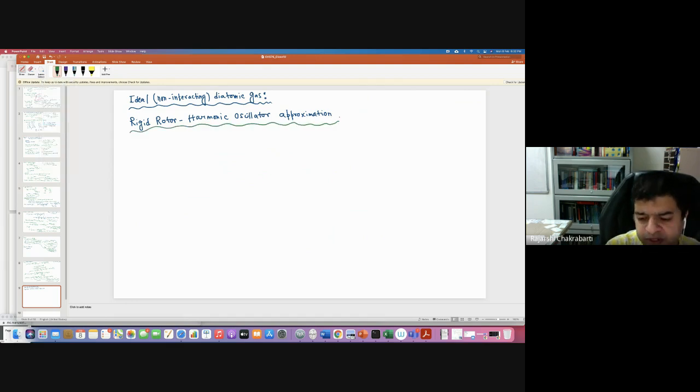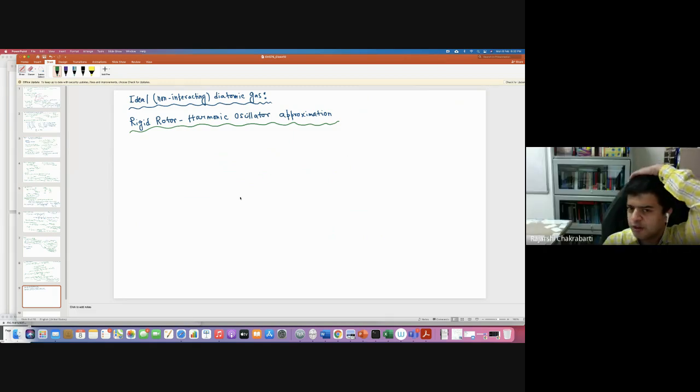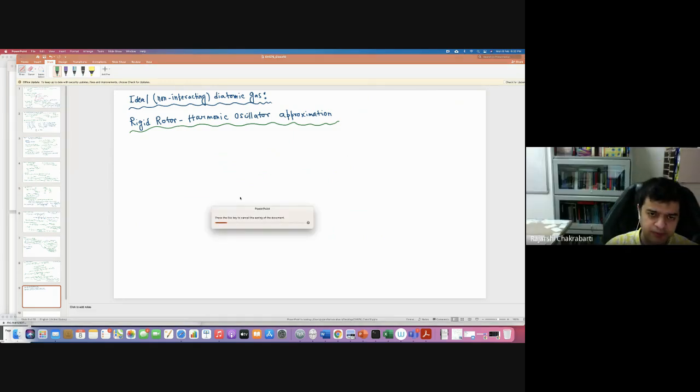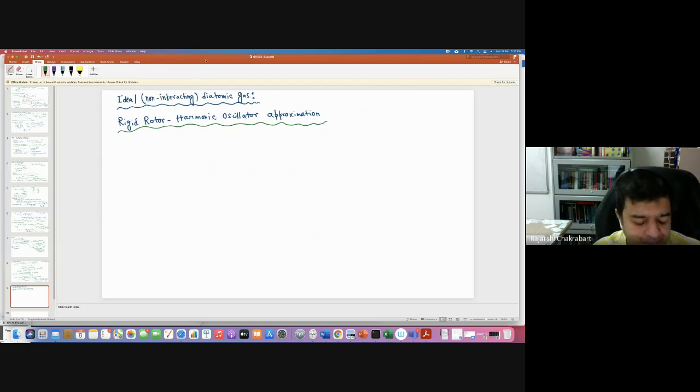I think one person is there. Yes, sir. So you just go and read. It's not very difficult, very basic level of quantum mechanics actually. Rigid rotor means it's like a pen like this, which is rigid, which is rotating. And harmonic oscillator, you know, classical, and you can do a quantum mechanics of that also. So we start with what is known as the Born-Oppenheimer approximation.